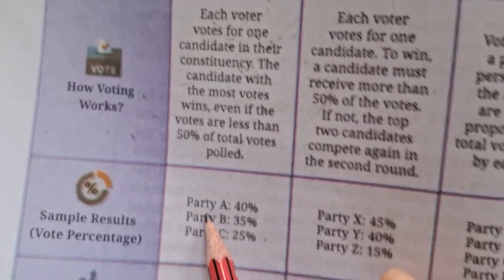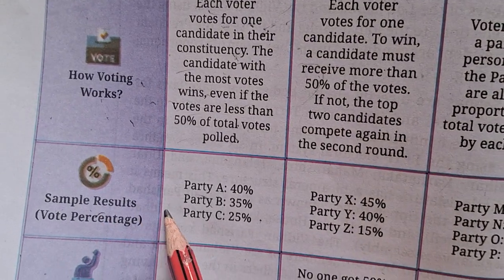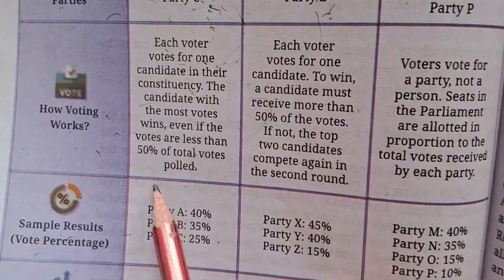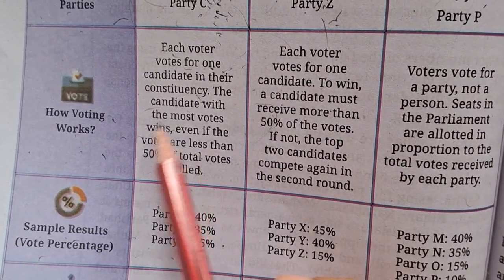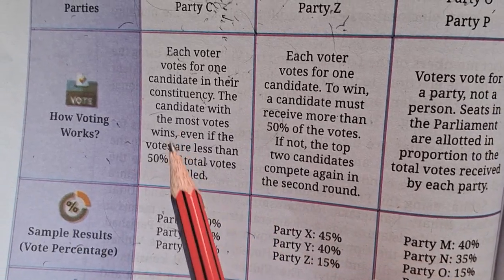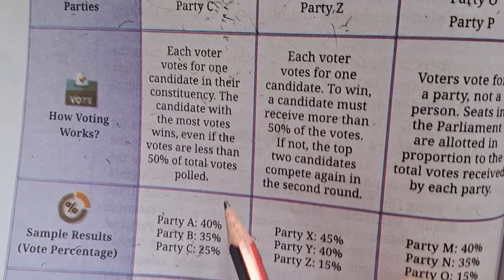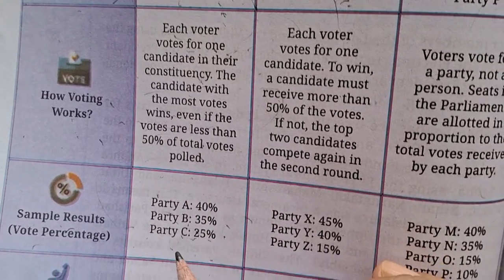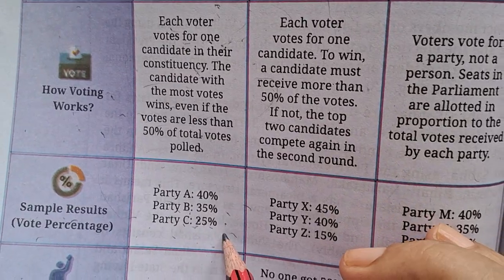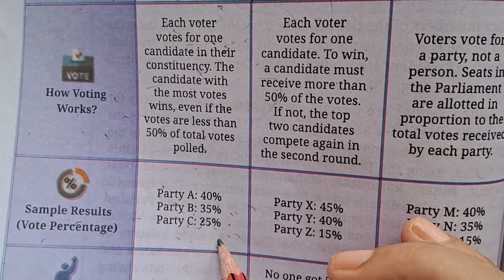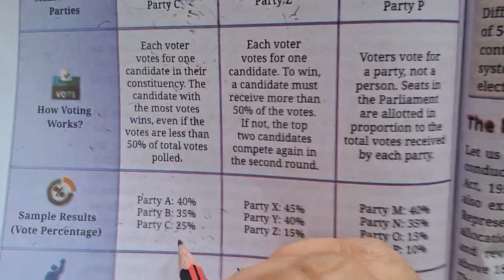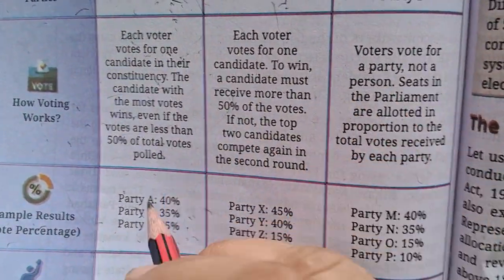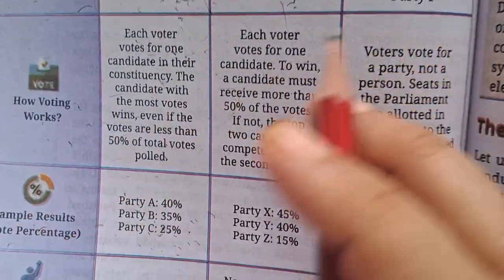Now in the next step, the simple result: vote percentage. This one is very important. Imagine a total of 100% of voters. According to universal adult franchise, the 100% of voters give their vote, maybe 1 lakh, maybe 10 lakh, 20 lakh, 1 crore, whatever.